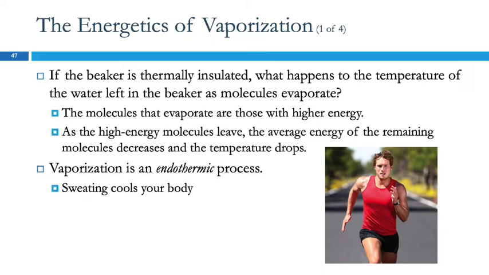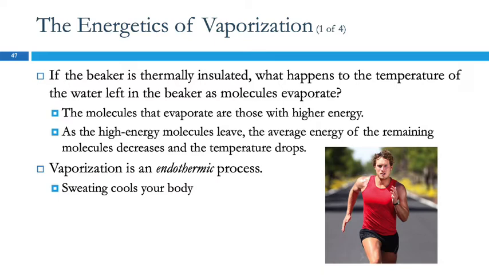So vaporization is an endothermic process. Sometimes identifying endo and exothermic can be a little bit tricky. Always ask yourself, what could I do to make that thing happen faster? So to make water evaporate faster, am I going to heat it up or cool it down? I'm going to heat it up, right? Like putting your clothes in the dryer.